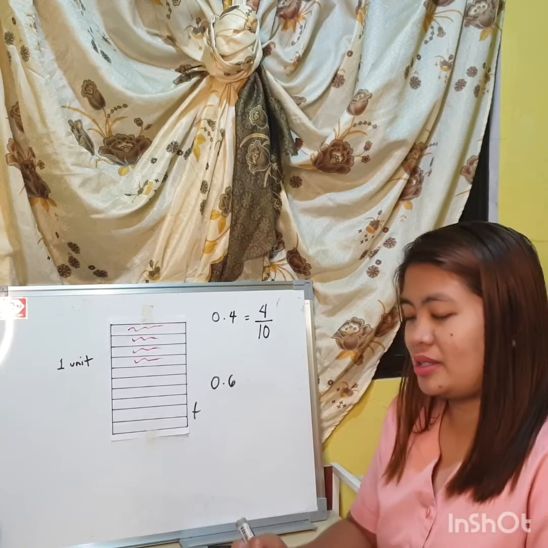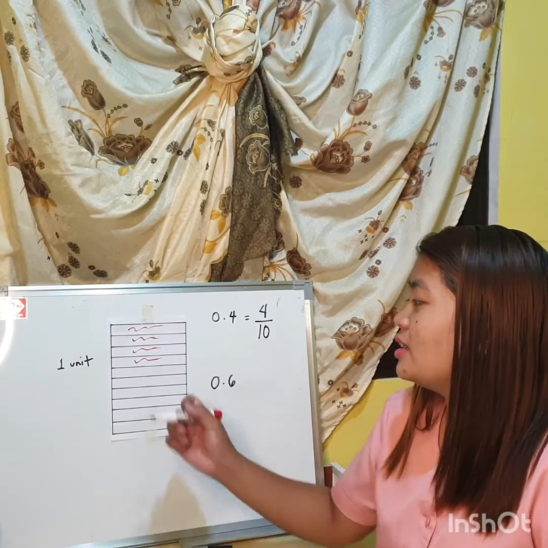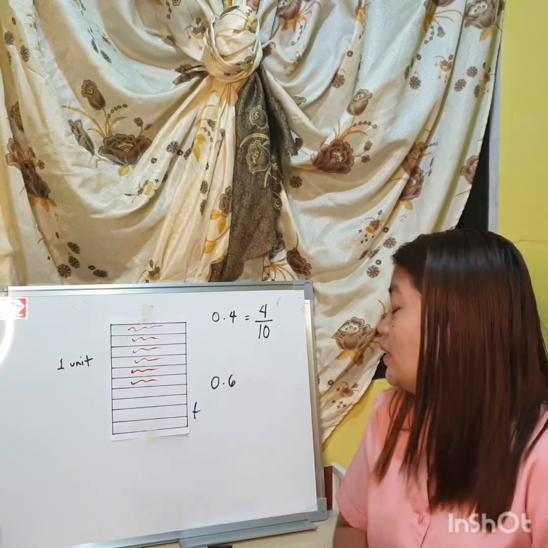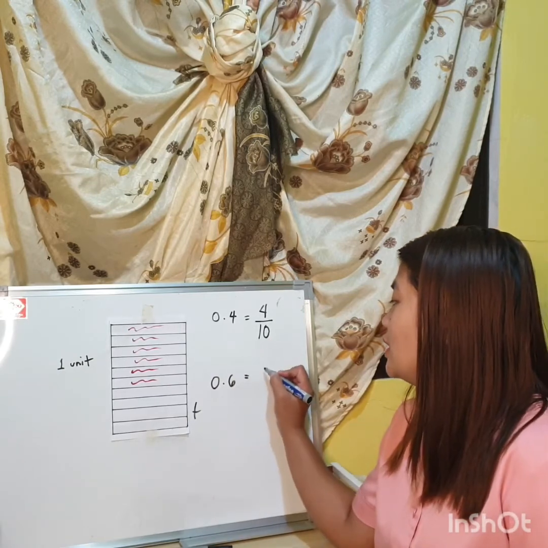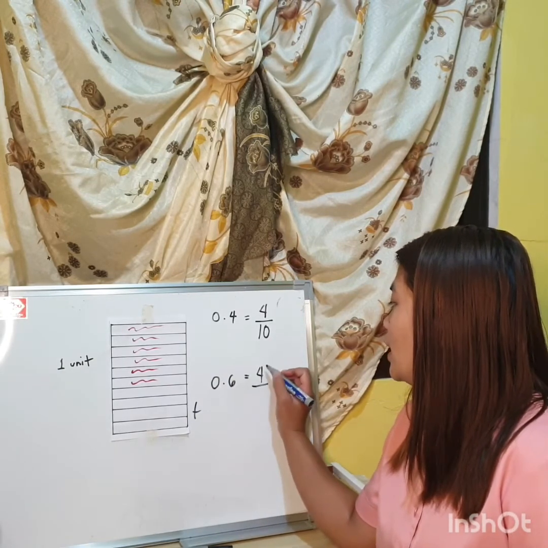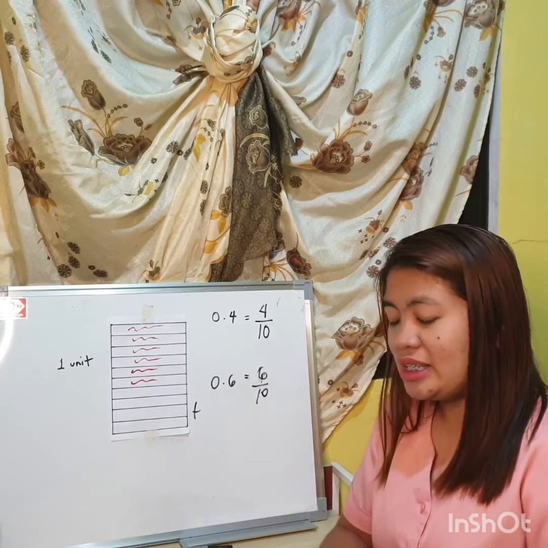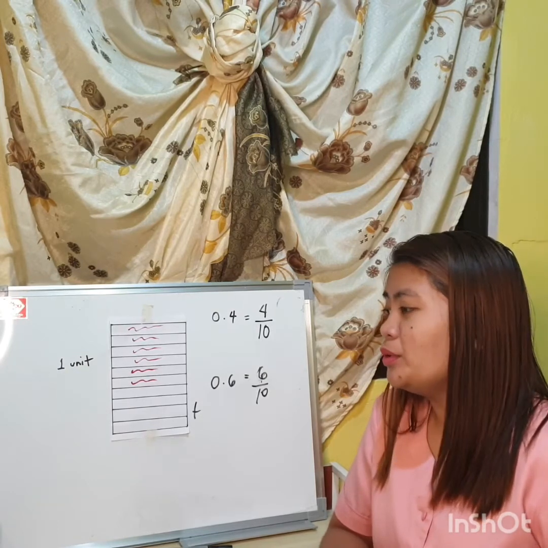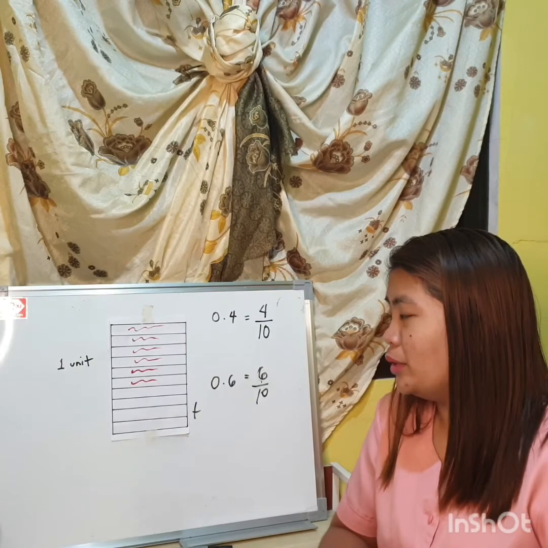So, halimbawa naman, we have 6 tenths. So, para maipakita po natin yung 6 tenths, dagdagan po natin ng 2 para maging 6. So, that is already 6 tenths. Or in fraction form, this is written as 6 over 10 or 6 tenths. So, ayan po yung illustration ng decimal number.